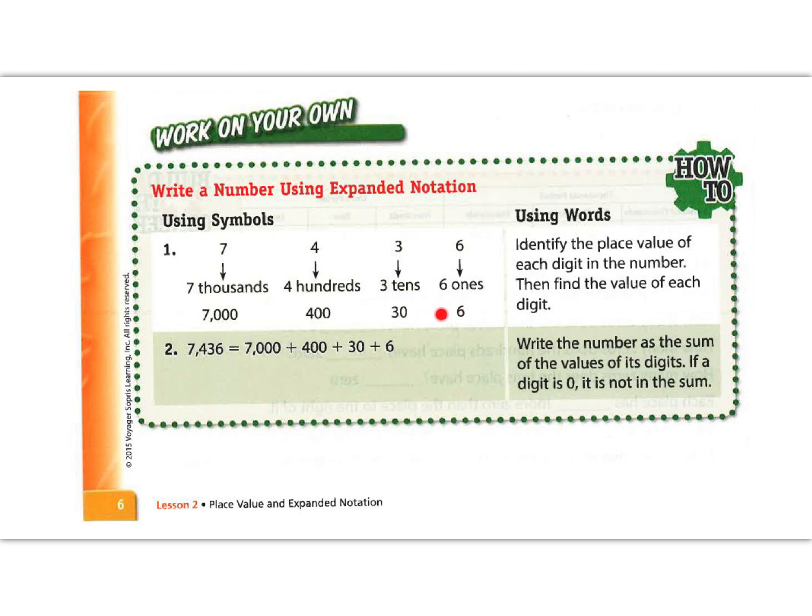So 6 ones is 6, 3 tens is 30, 4 hundreds is 400, 7 thousands is 7,000. Then you write the number as a sum of all the digits. If the digit is 0, it is not in the sum. So for this we have 7,436, so 7,000 plus 400 plus 30 plus 6 is how you write that in expanded form.